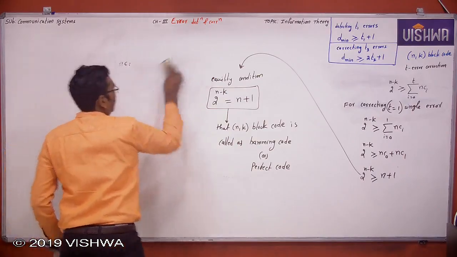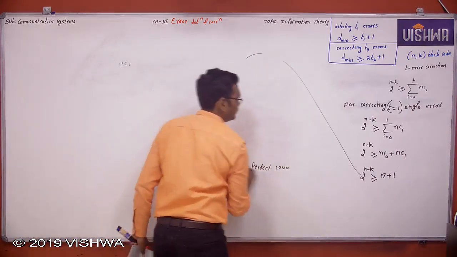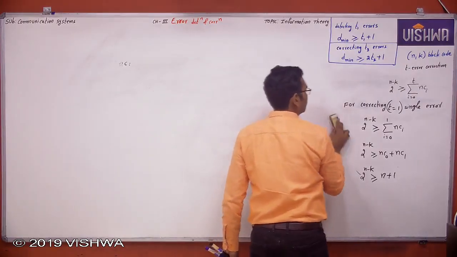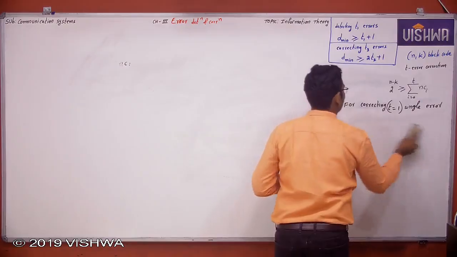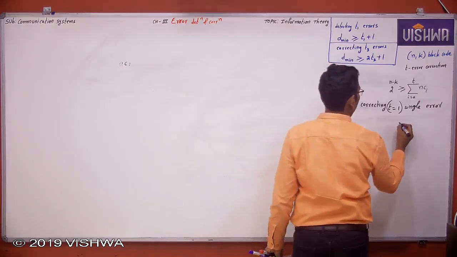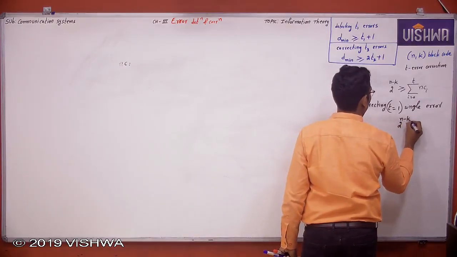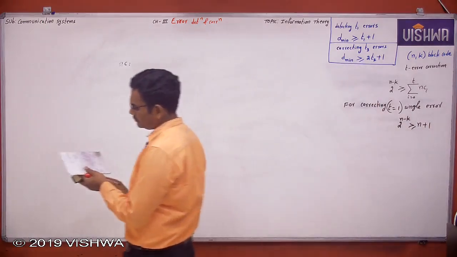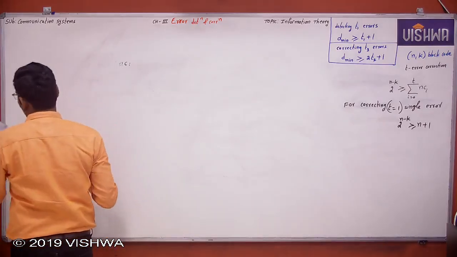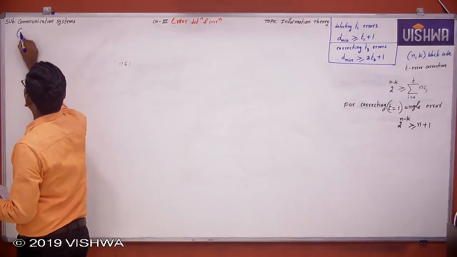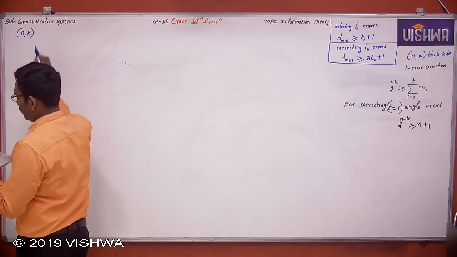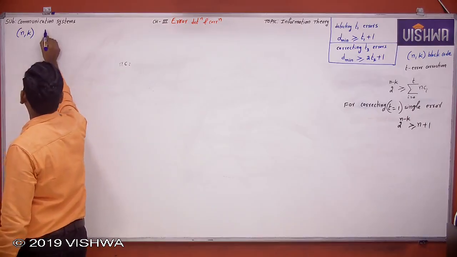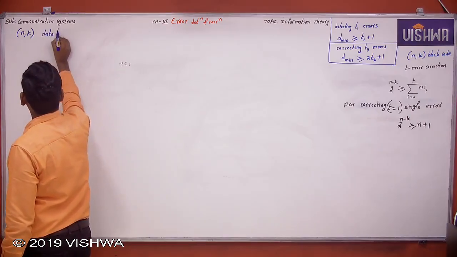Here is one small problem. In an n comma k block code, the block code data length has to be identified.